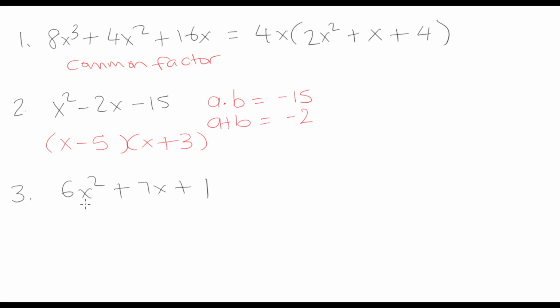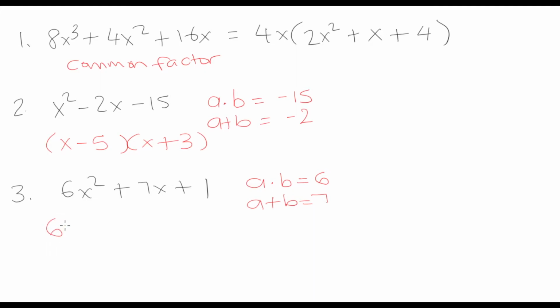Here, our leading coefficient is not 1, so we're going to have to use a slightly different method in which we find two numbers that multiply together to give us 1 times 6, but that can add together to give us 7. And in this case, these two numbers are going to be used to break up this middle term into two terms that then we can use to group together and factor by grouping.